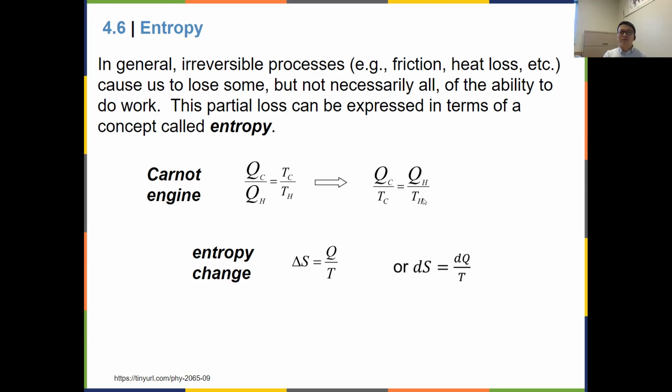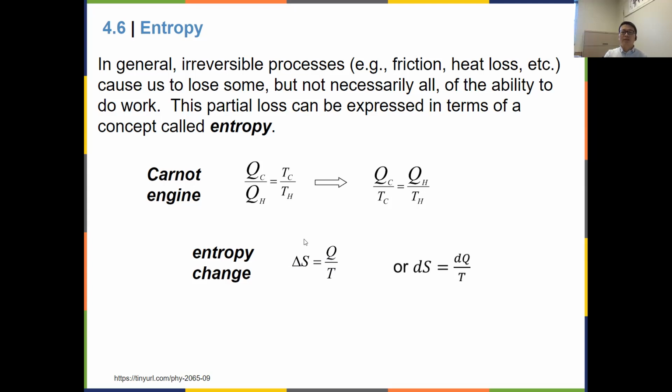Similarly, as we have been doing so far, when you have quantities associated with one state, we can call that a new quantity. In this case, we call it the entropy of that state, or the entropy change. So Q over T, the heat change over the temperature, is the entropy change, okay?